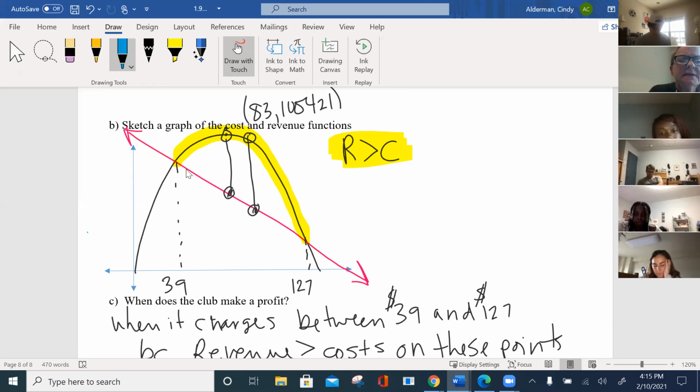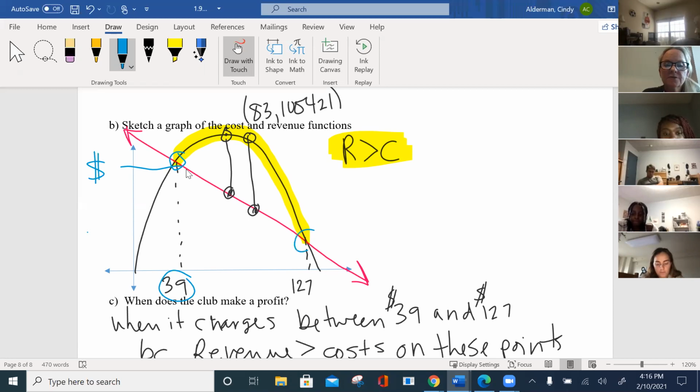Let's say that we decided to charge $39, right? You would think that a lot of people would sign up for $39 memberships, right? You'd get more people to sign up, right? But the problem is that the money raised, because the price was so cheap, is not going to be as much as it would if you're maximizing profit, right?